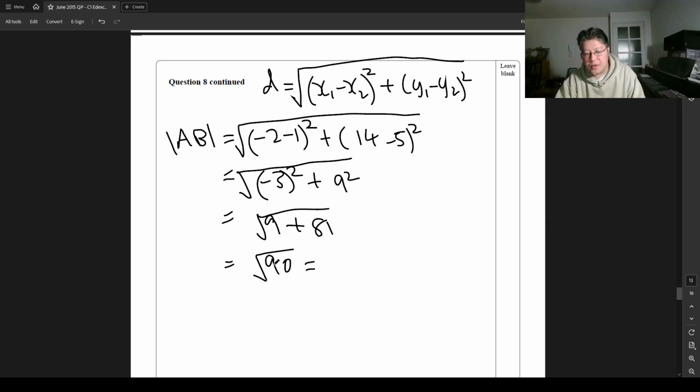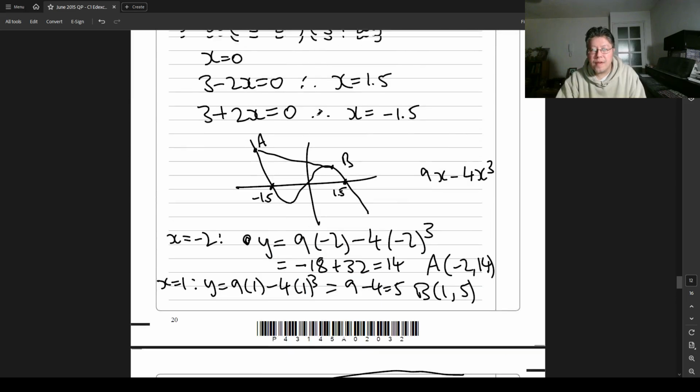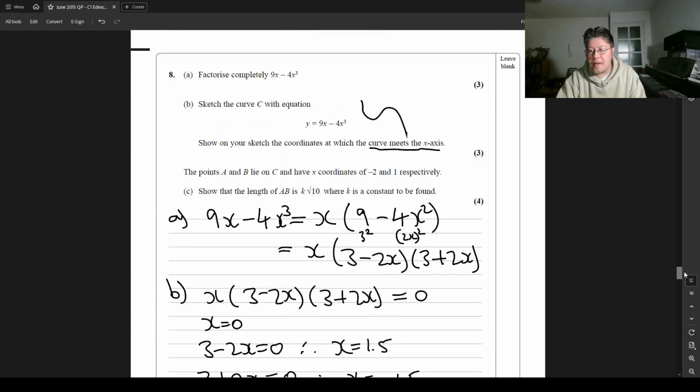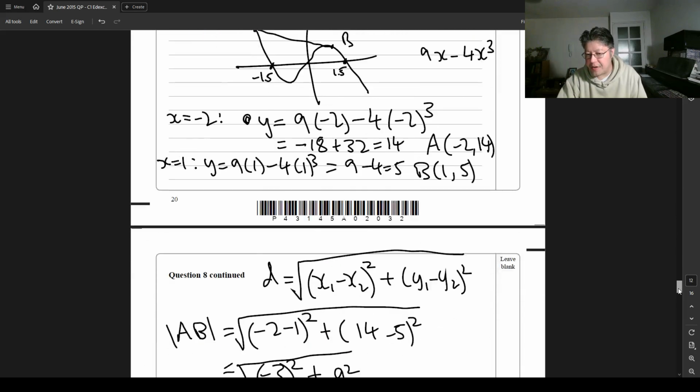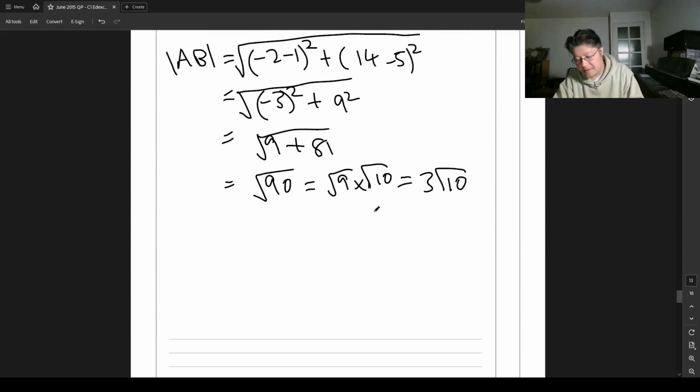That's equal to 9 times 10, so that's root 9 times root 10, and that's a 3, so this is 3 root 10, and that's the form they want it in, so we know that k must be 3, therefore k equals 3.